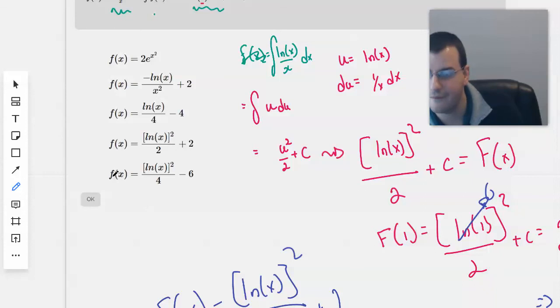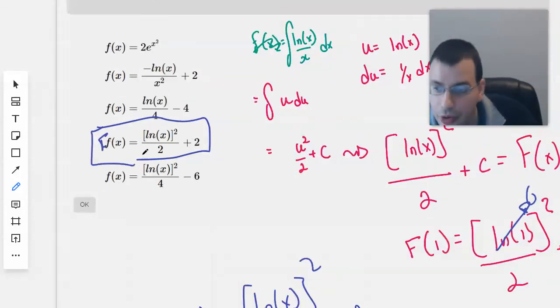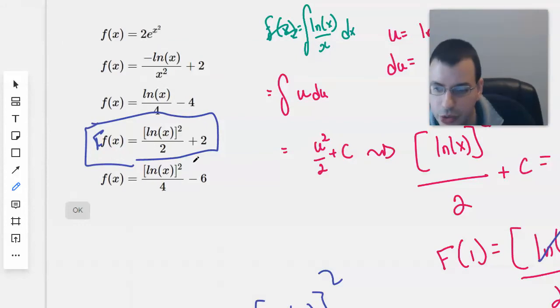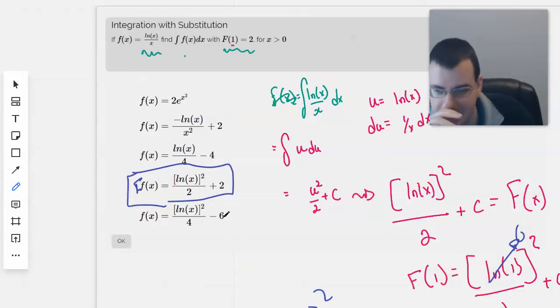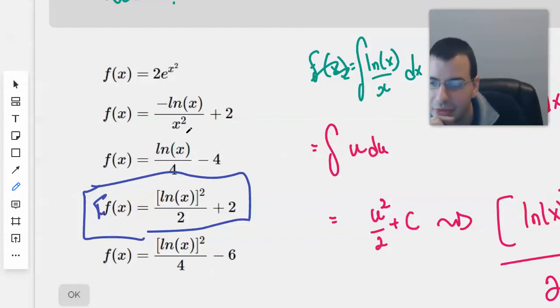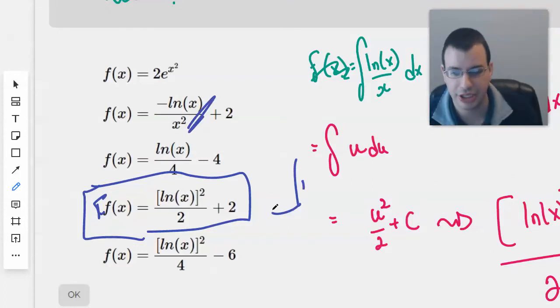They probably mean capital F of x. So right here, natural log of x, quantity squared, over 2 plus 2. Yep. And the others, ooh, that one's interesting. Wonder how they, yeah, that one's just totally wrong. But right here, this is the answer.